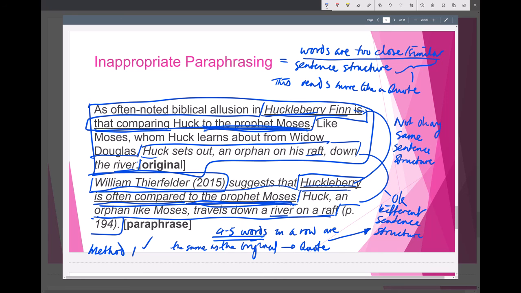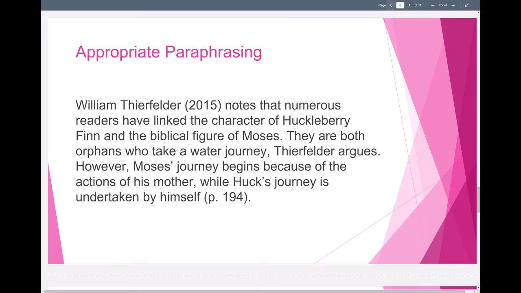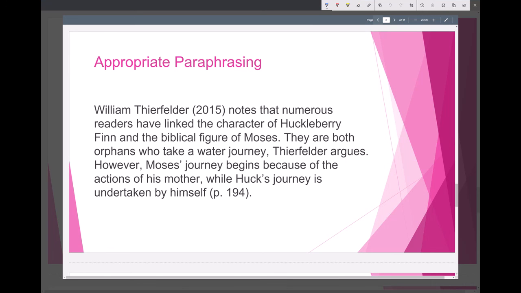So if you use a different sentence structure, like this one, readers have linked the character. Biblical figure. So there's no prophet here, and instead of saying Finn is compared to Moses, here the paraphrase is saying, oh, these two characters, Finn and Moses, are linked.